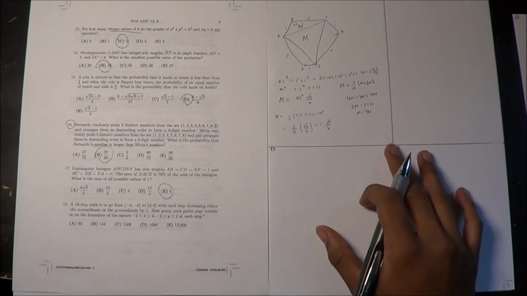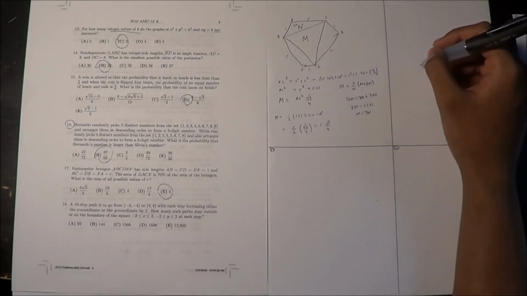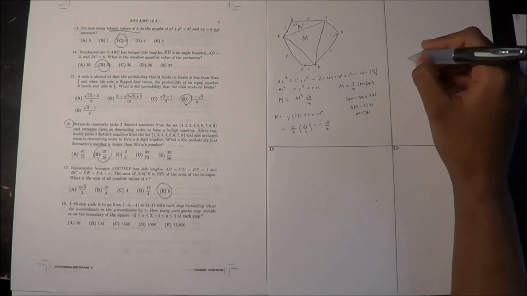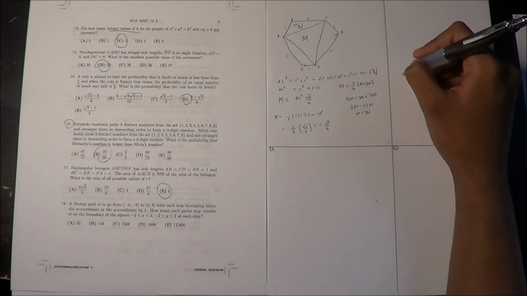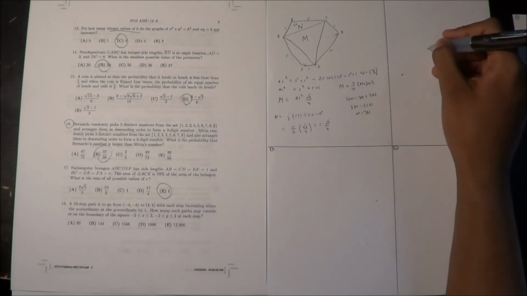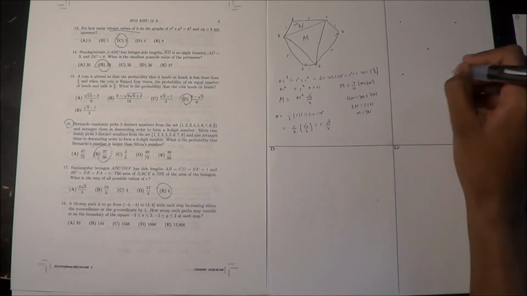Okay. The path. 16-step path. I think there was a problem like this. Okay. So negative 4, 0. You got this big square.